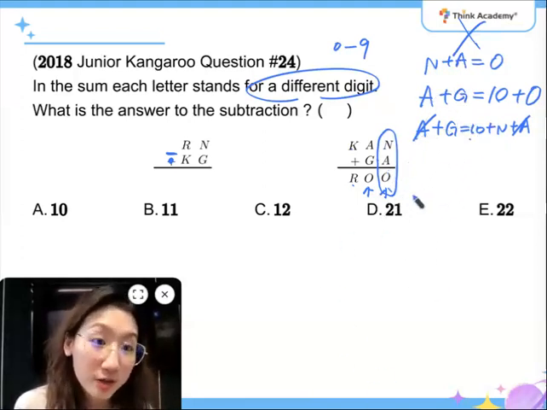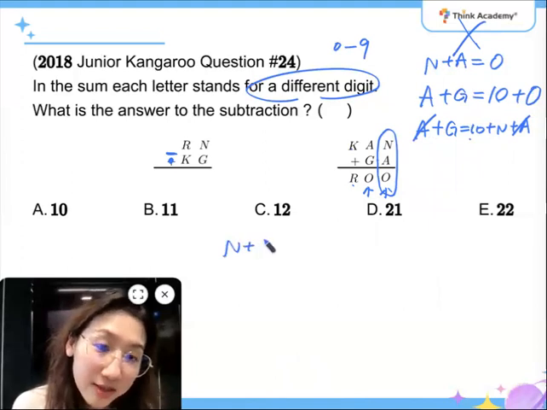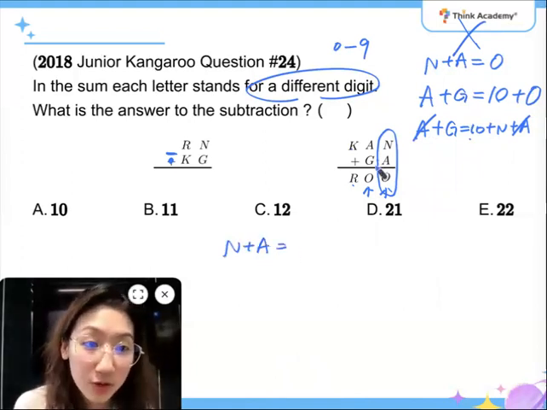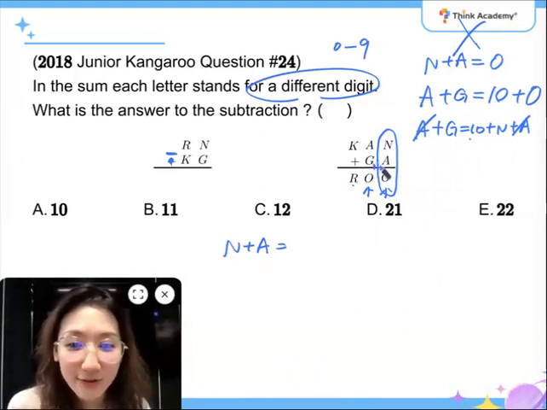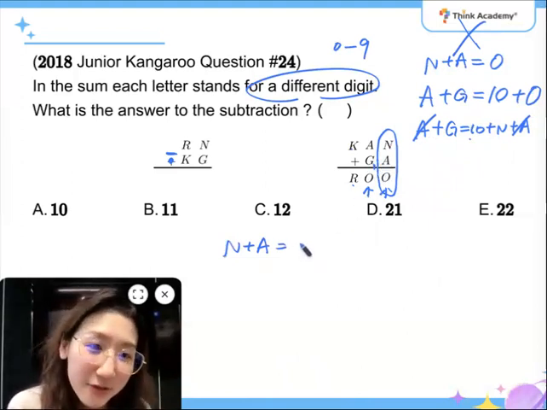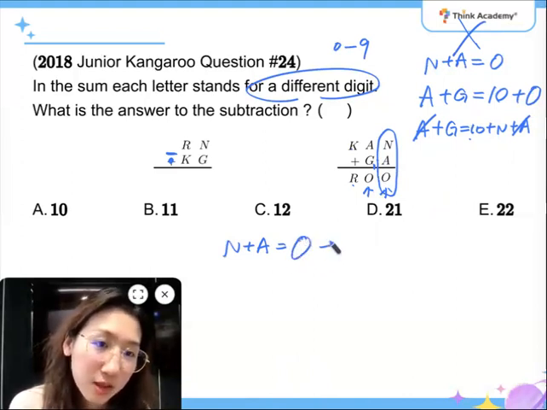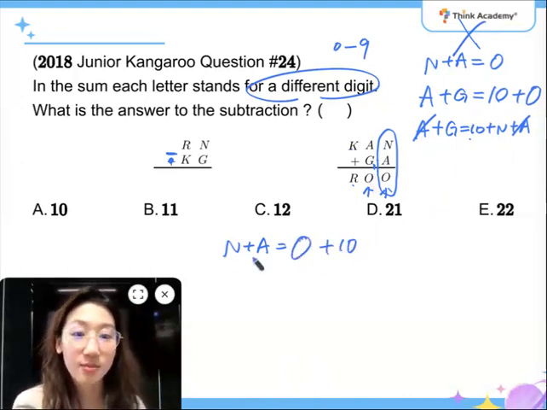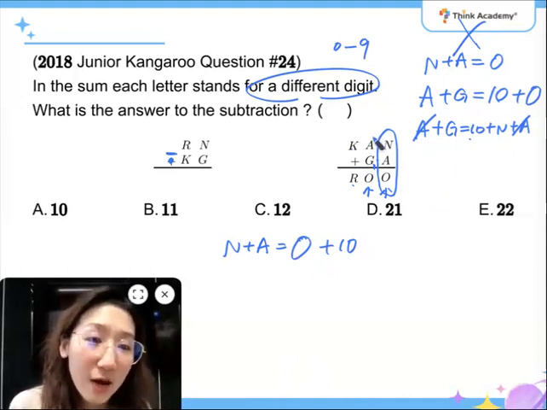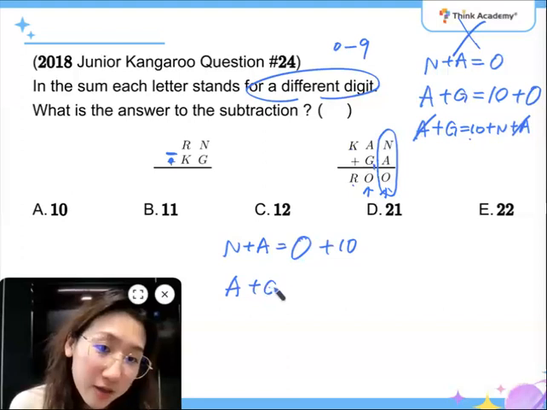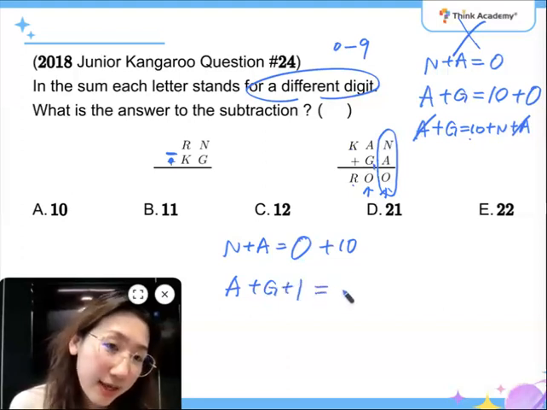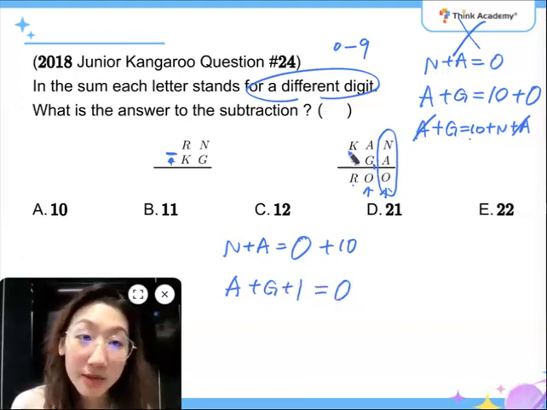So if it is impossible, that means N plus A will have to have a carryover of 1, because they're all single digit. The only carryover you can have is 1. Okay, and if there's a carryover of 1, that means for the value, you have O plus 10. So that's the sum of N plus A. And now with A plus G, you can have A plus G plus 1 this time, but is that only equal to O? Not really, because again, as we said, they are different.